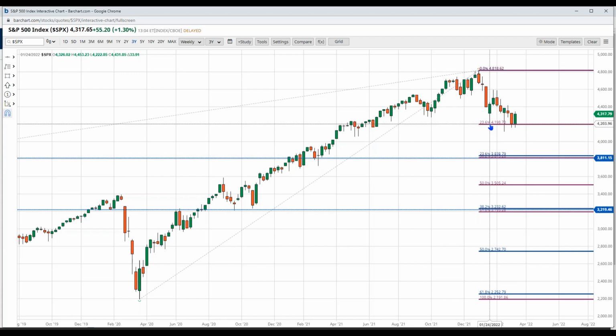But then what we can start thinking about is, as I move Fibonacci's through multiple time frames, what I want to start looking for is where they start to converge or where we start seeing clusters of the same Fibonacci levels. Notice that I did 2 retracements, one over a 12-year period and one over a 2-year period.